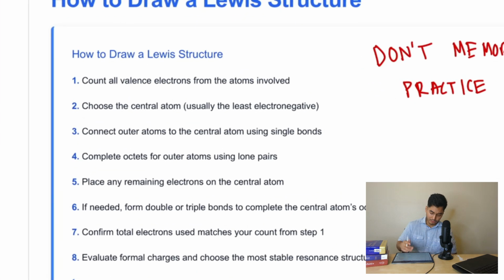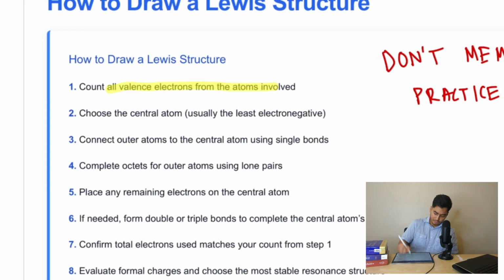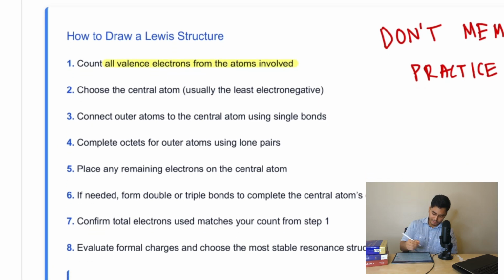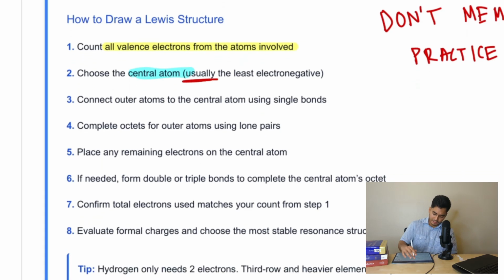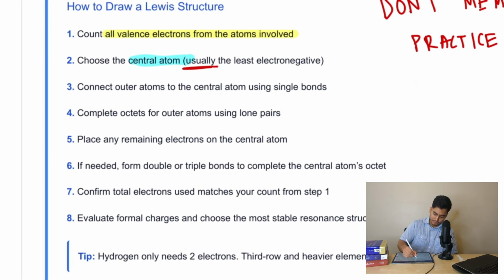First things first, we're going to count all the valence electrons from all the atoms involved. That's why we went over valence electrons, because it's the first thing. Second step is to choose the central atom. Usually it is going to be the least electronegative. The keyword is usually, so again, there are going to be tons of exceptions in this list. Then we're going to connect the outer atoms to the central atom using only single bonds.